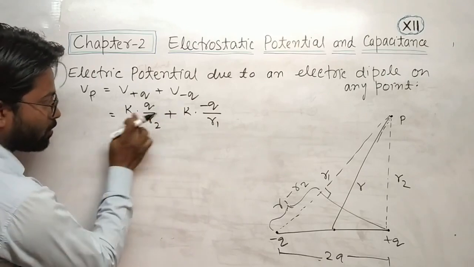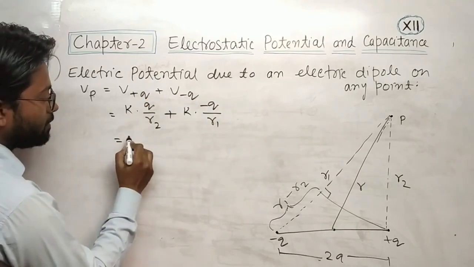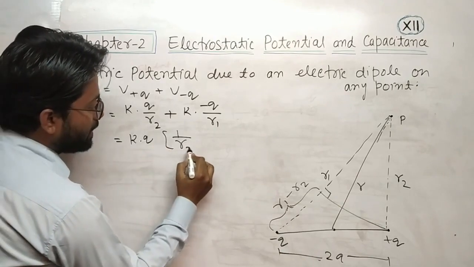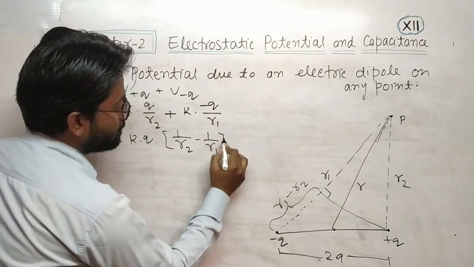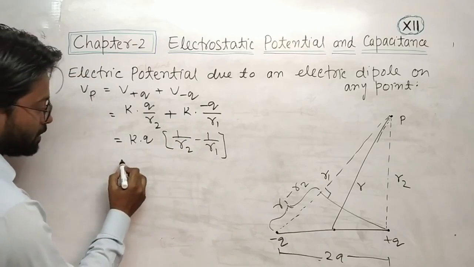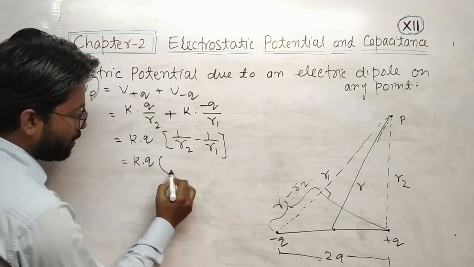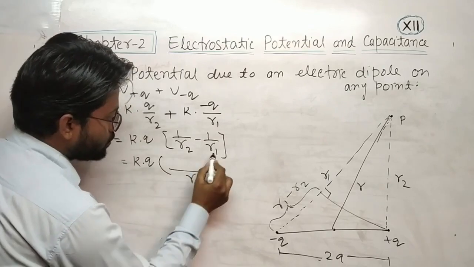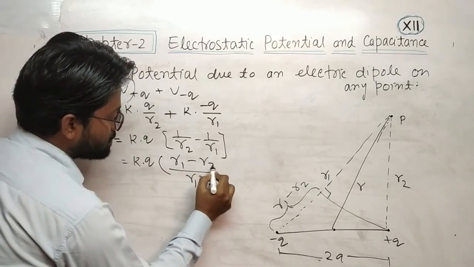You can take K and Q common. This will be 1 by R2 minus 1 by R1. You can write K Q times (R1 minus R2) upon R1 R2.